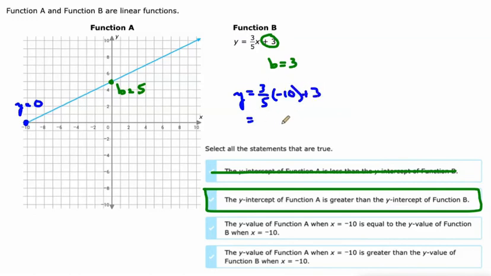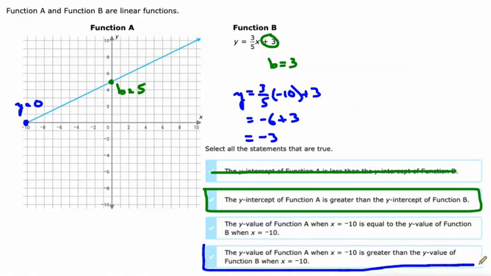So that would be, let's see, 1/5 of -10 is -2. Times 3 would be -6, and -6 plus 3 would be -3. So 0 is actually greater than -3. So it's not equal, it's greater than. 0 is greater than -3.